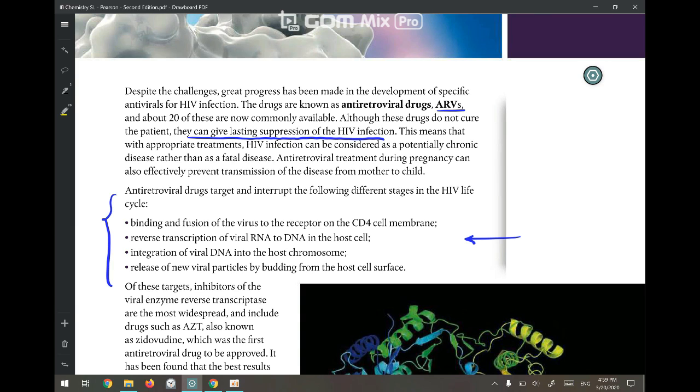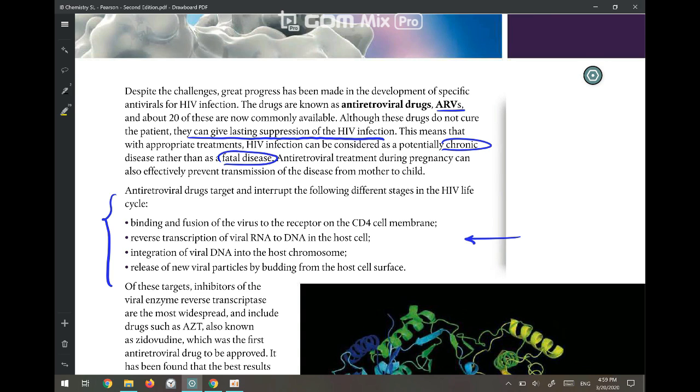So they suppress the HIV infection and change it from a fatal disease to a chronic disease. It means it controls the disease, but it cannot completely overcome HIV.